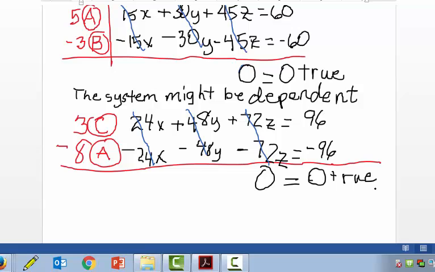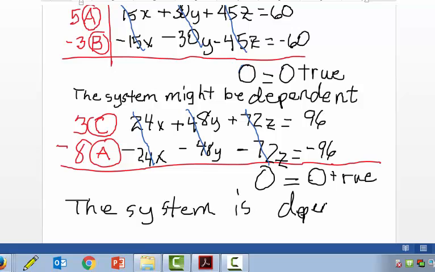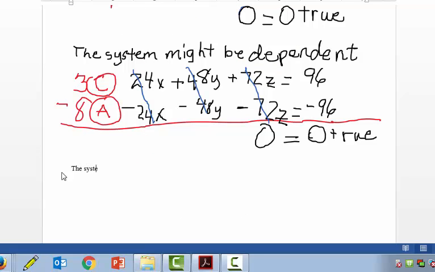I get another true equation that has no variable in it. So the system is dependent. So on this type of problem, I actually want to state that. System is dependent and has infinitely many solutions.